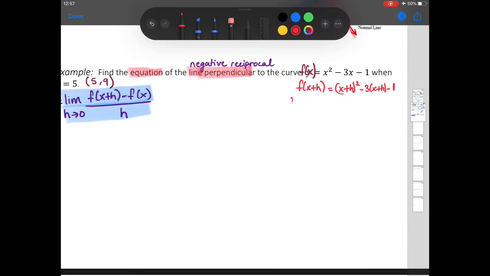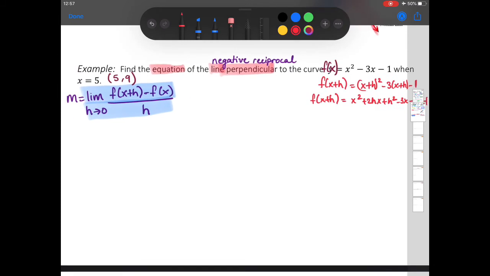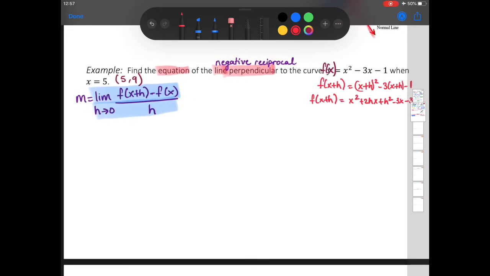Right? Expand it. (x plus h) squared equals x squared plus 2hx plus h squared, minus 3x minus 3h minus 1. So that's what we got here, right? Now I'm going to substitute in place of f of x plus h. I'm going to copy this whole expression over there, right?